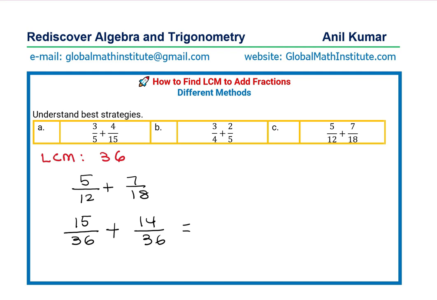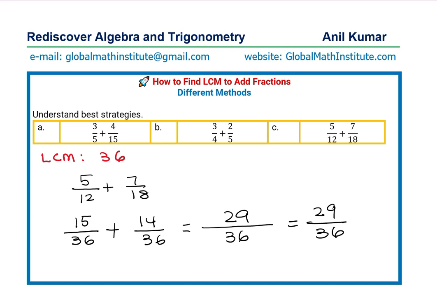Since we have a common denominator of 36, we can add the numerators. So we get 14 plus 15, which is 29. So we have our answer, which is 29 over 36, which is the sum of 5 over 12 plus 7 over 18. So I hope you've understood the method.